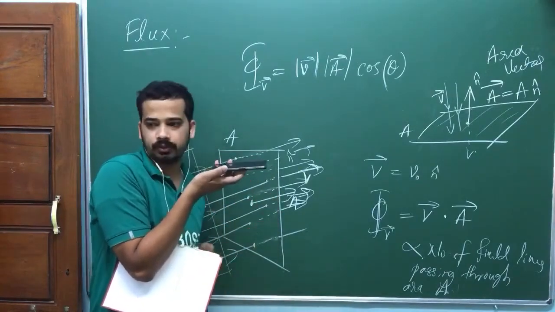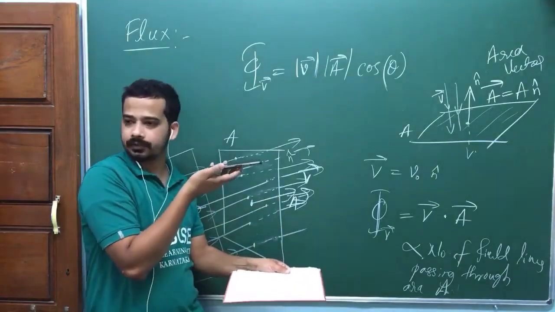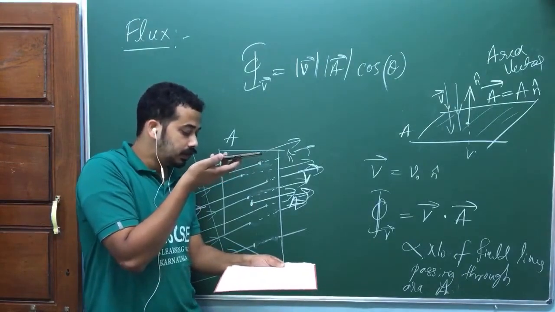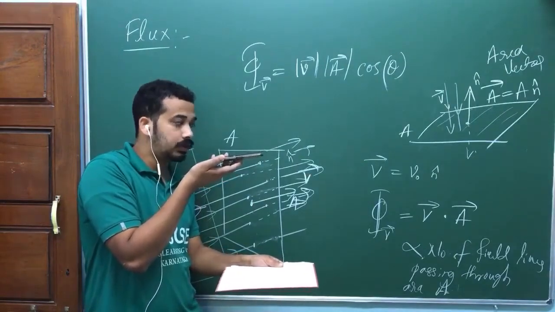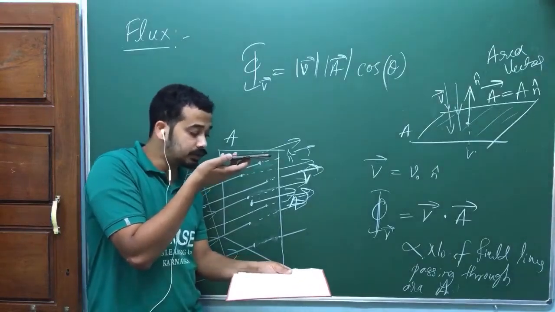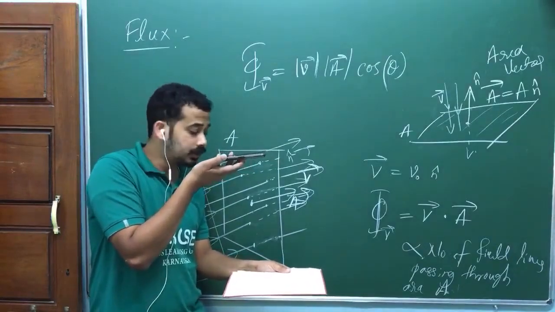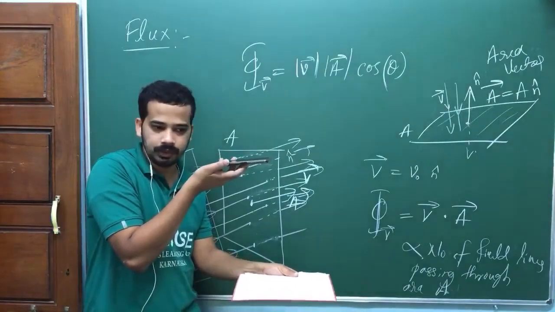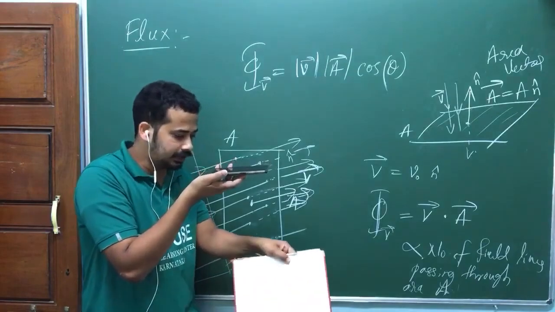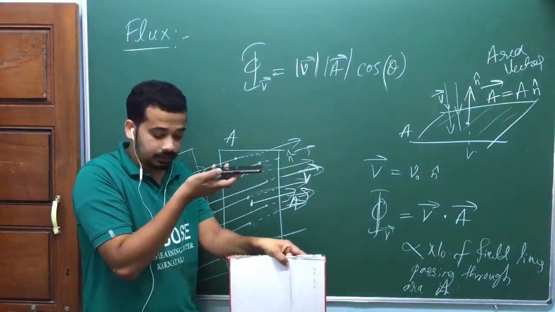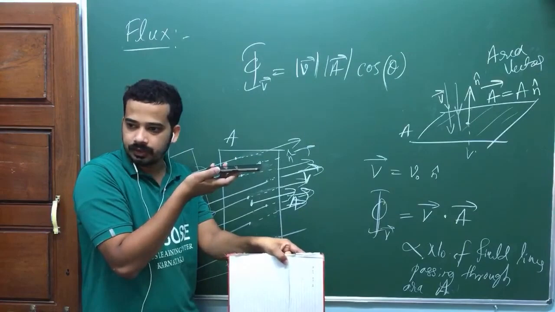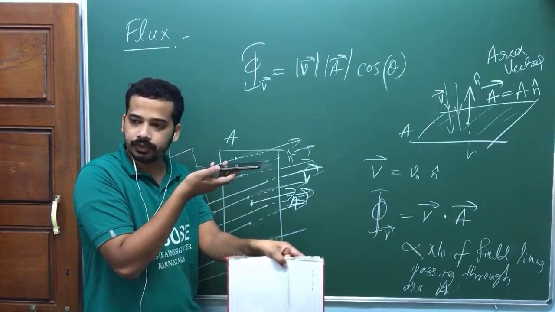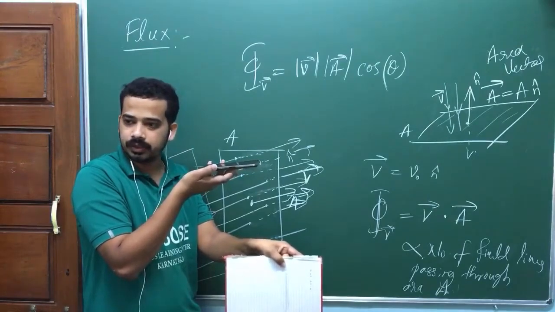If you hold this area like this, then the number of light rays passing through it, or obstructed by it, is more. Am I right? You will get a large shadow below, isn't it? Suppose you hold it like this, then your shadow will diminish, isn't it? So in that case, the number of light rays passing through that area will be almost 0, isn't it?